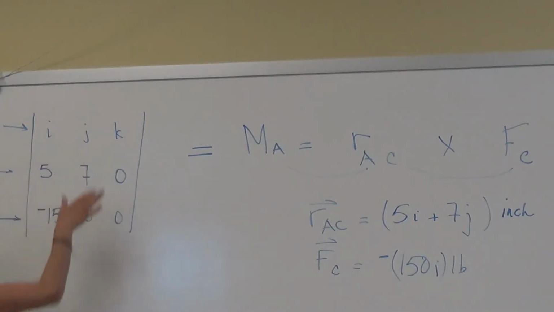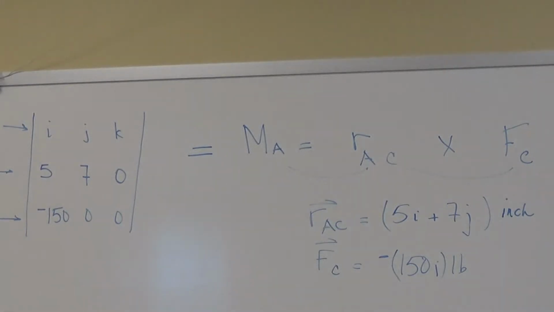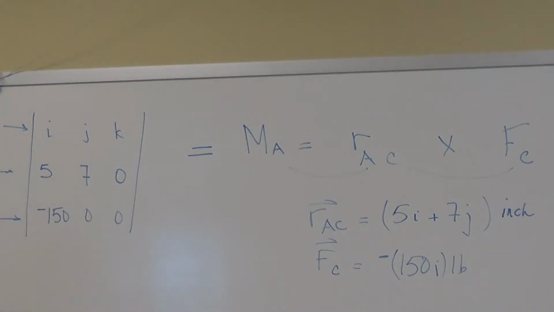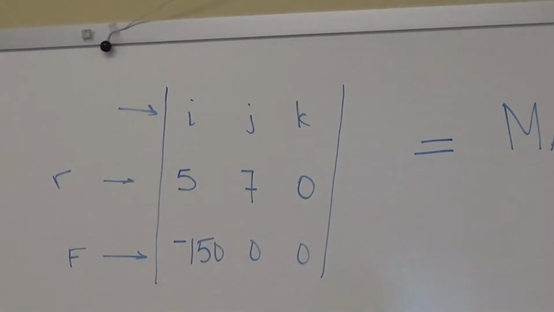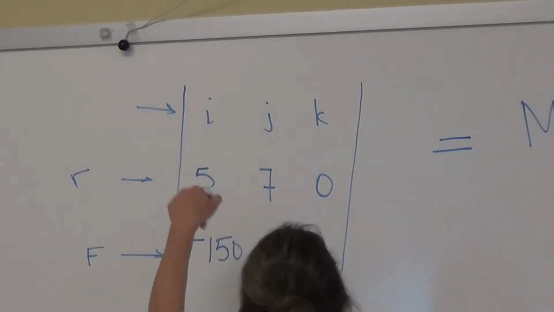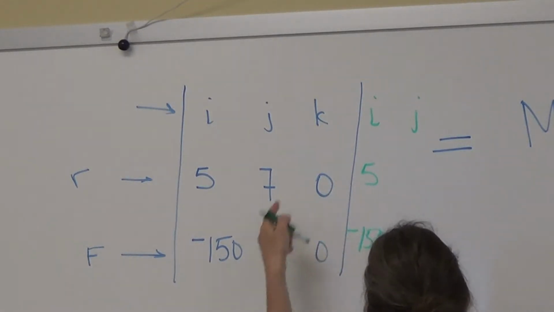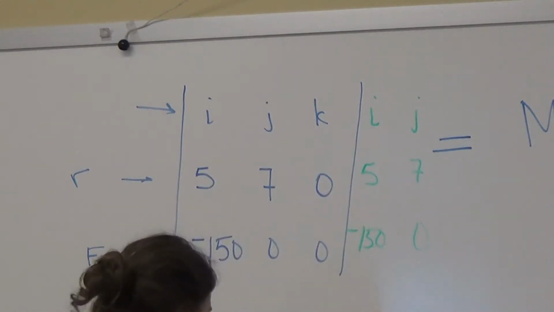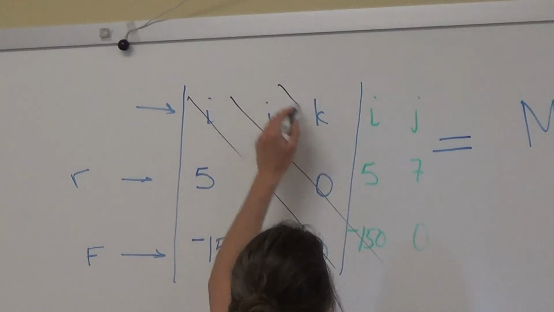Now there's a number of ways to do this, and I kind of know the different varieties of what you guys do. One is to use the calculator, right? Plug it into the calculator and you're done. If you do it by hand, the way I do it is I know I make less mistakes. I rewrite these two columns, I and J, 5, negative 150, 7, and 0, and then I go this multiplied plus this multiplied plus this multiplied.